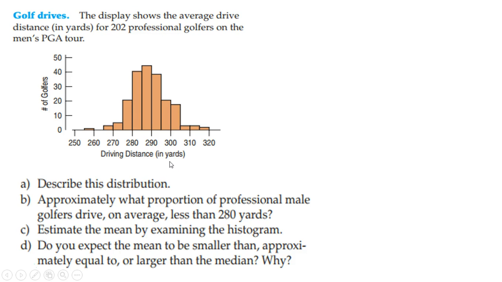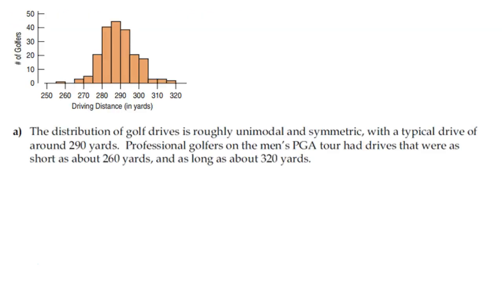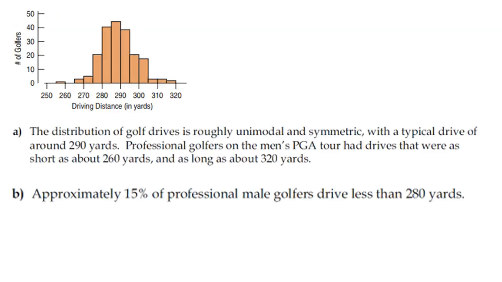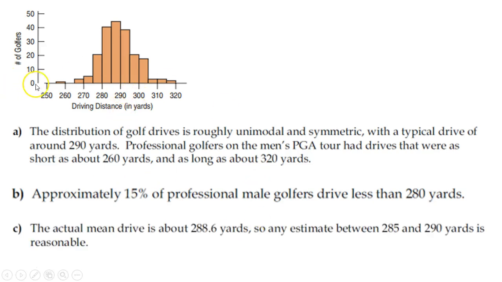The mean, though, estimate the mean, because it's normal, right? If it's unimodal and it's normal, the mean is probably going to be somewhere in the middle, between 285 and 290. An estimate would be there. The actual mean is this. You could add all these up.